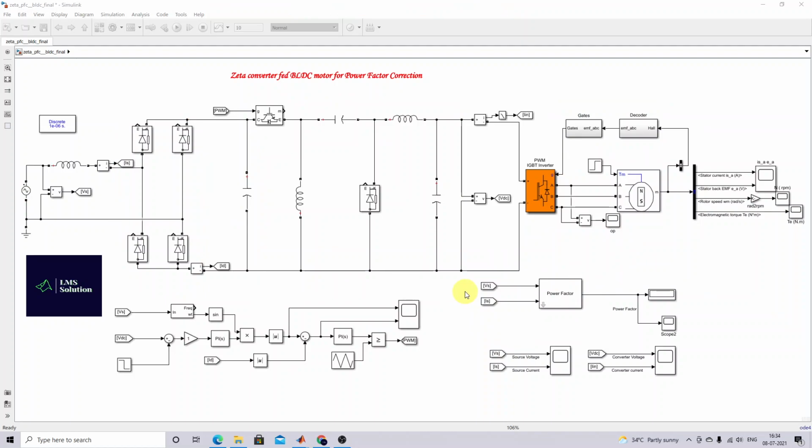Here we are going to implement a power factor correction circuit. Why do we go for power factor correction? Because we are using a diode rectifier.